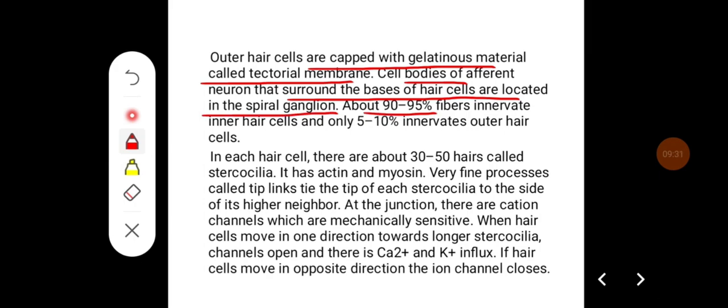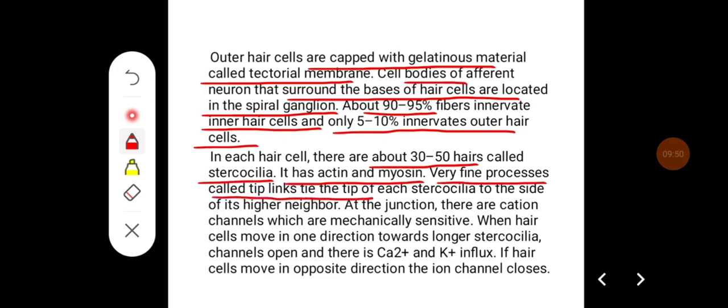About 90 to 95% of fibers innervate inner hair cells and only 5 to 10% innervate outer hair cells. In each hair cell, there are about 30 to 50 hairs called stereocilia, which contain actin and myosin. Very fine processes called tip links tie the tip of each stereocilium to the side of its taller neighbor.